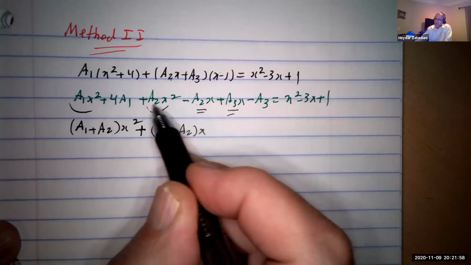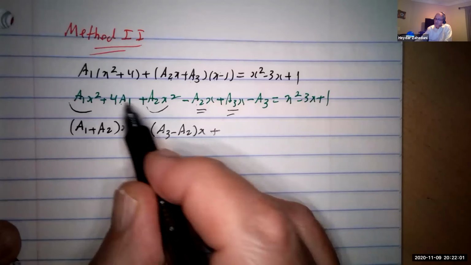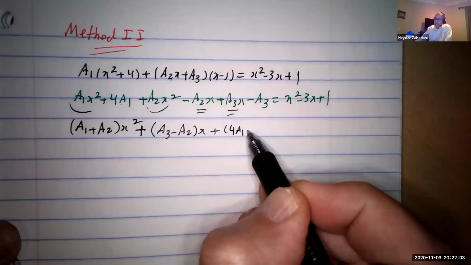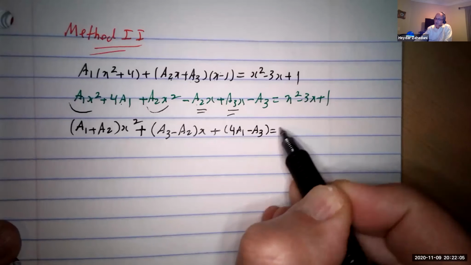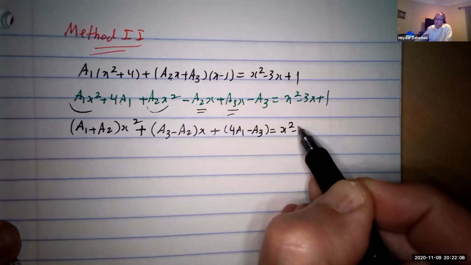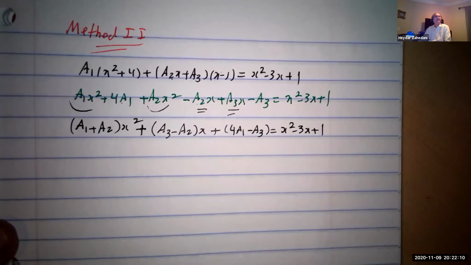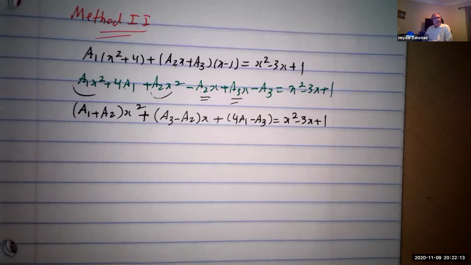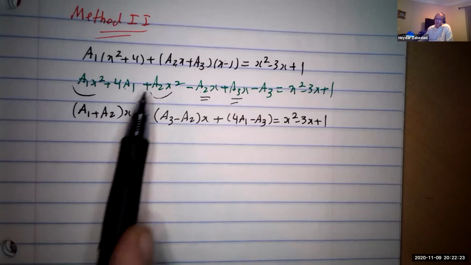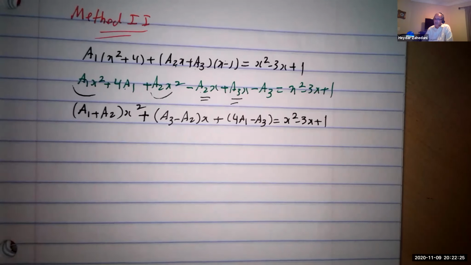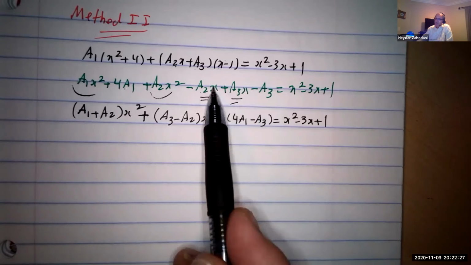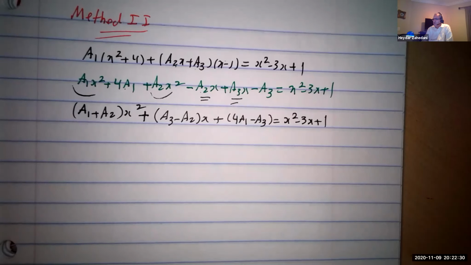And the constant is going to be 4a1 minus a3. On the other side, we get x squared minus 3x plus 1. So I multiplied, did the algebra, and organized it. I have two x squared terms, so I factor out the x squared. I have two x terms, so I factor out the x, and I have two constants. You see now, there you are.